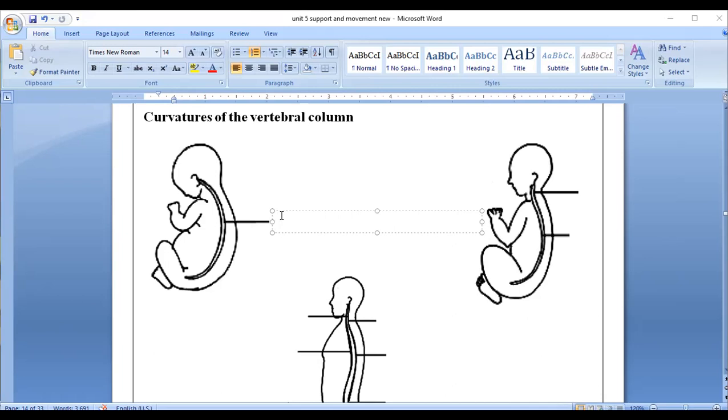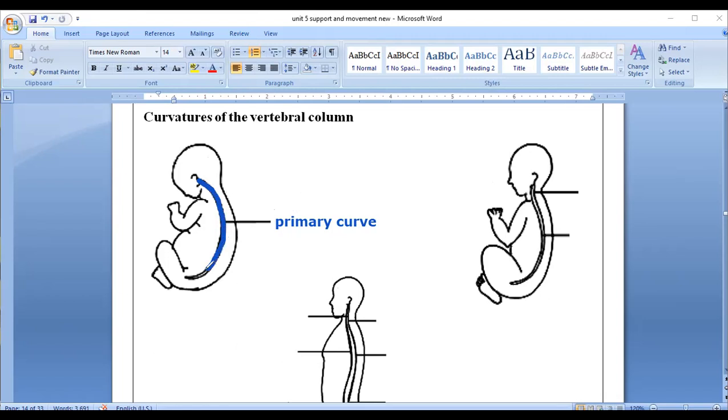Primary curve. For an idea, I will overdraw the primary curve like this. Understood?